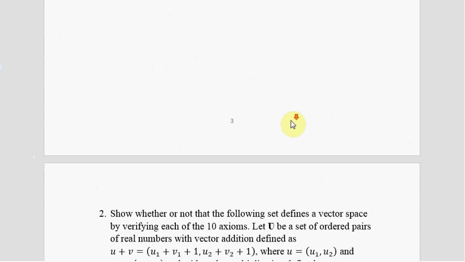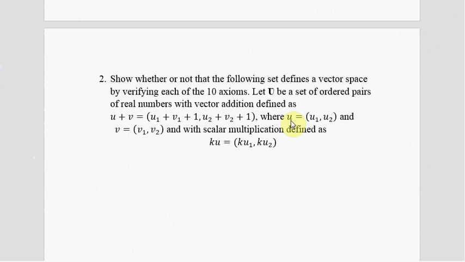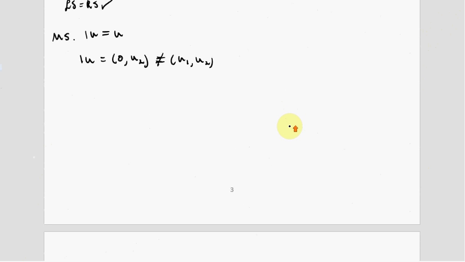What do you say about it, Tyler? Number 2, show whether or not the following set defines a vector space by verifying each of the 10 axioms. Let V be a set of ordered pairs of real numbers with vector addition defined. Did I say at the end?